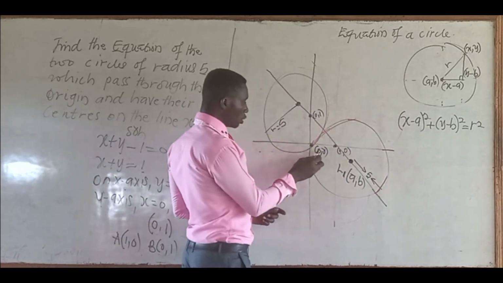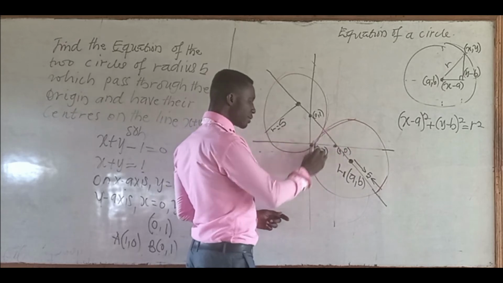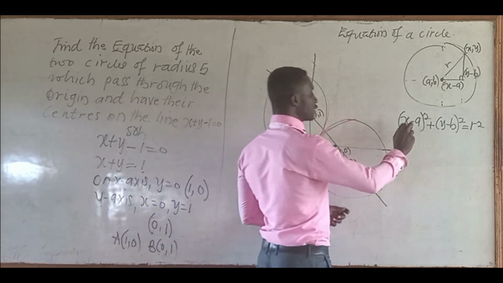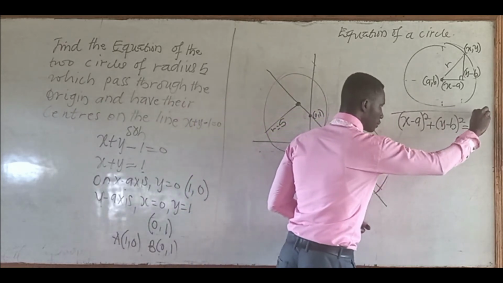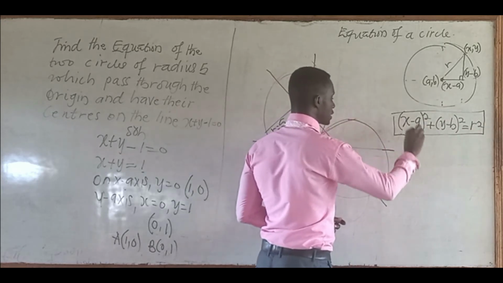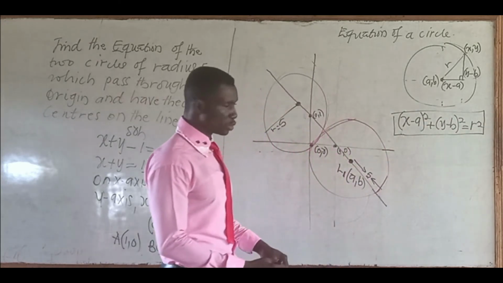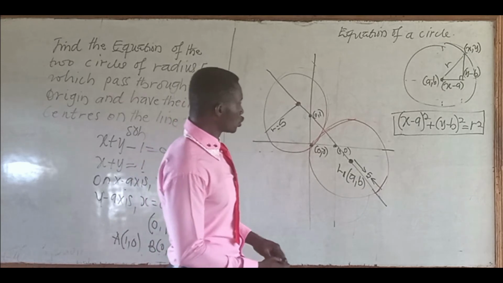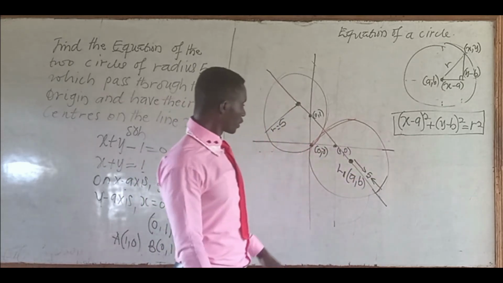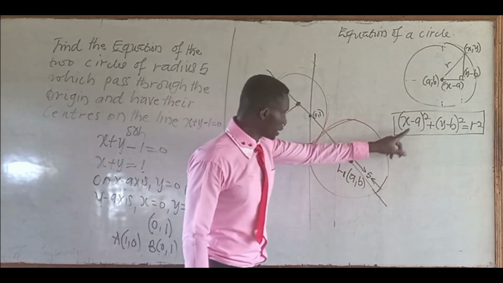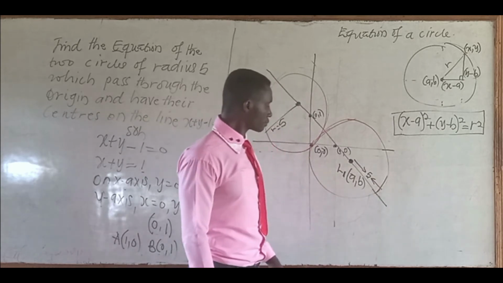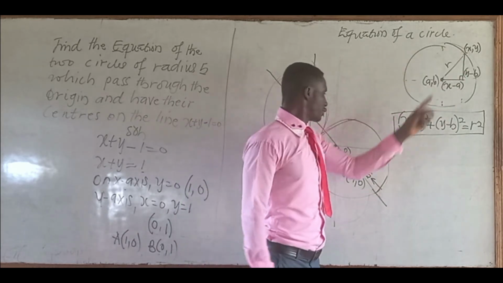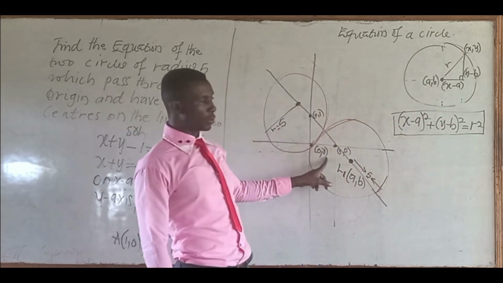Since (0, 0) lies on the circle, it must also satisfy the general equation of a circle, which is x minus a all squared plus y minus b all squared is equal to r squared. So we fix in our (a, b), which is our center, and here we have (0, 0) lying on the curve.